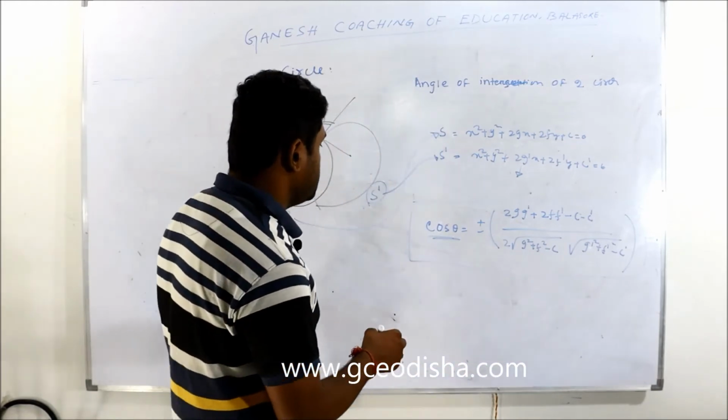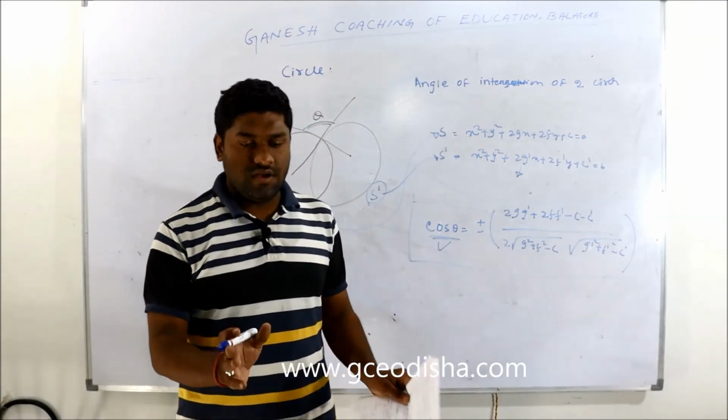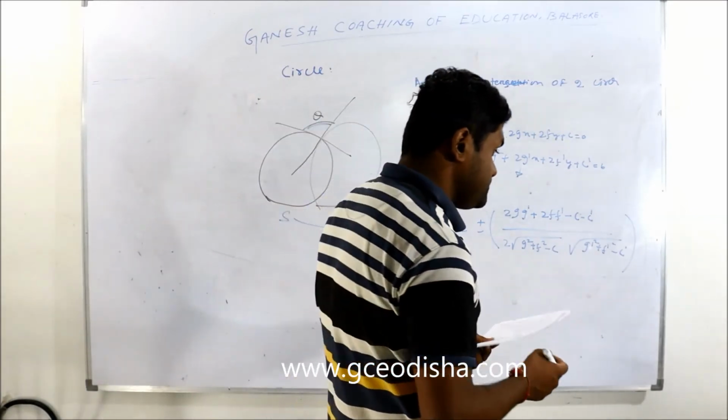When you solve this equation, you can find the cosine of the angle of interaction of the two circles.